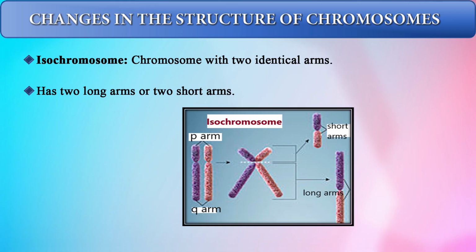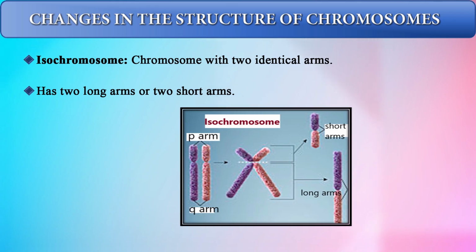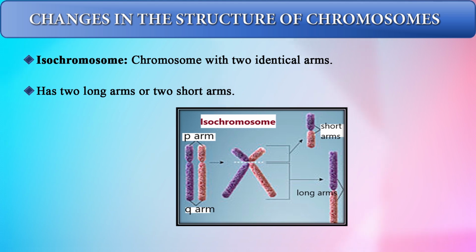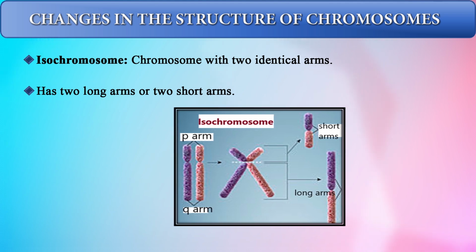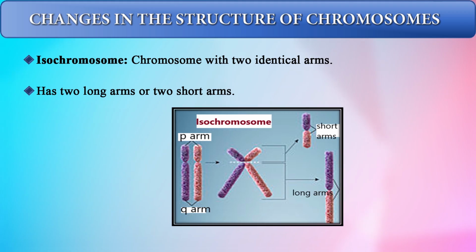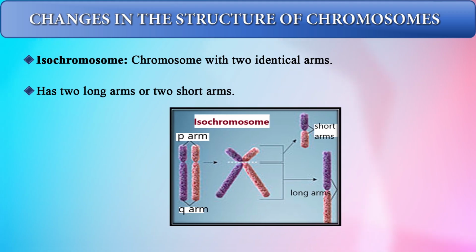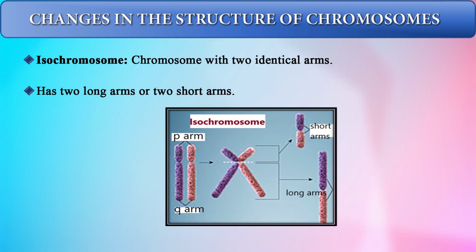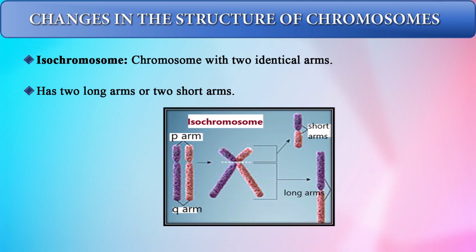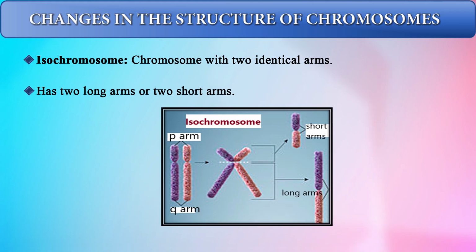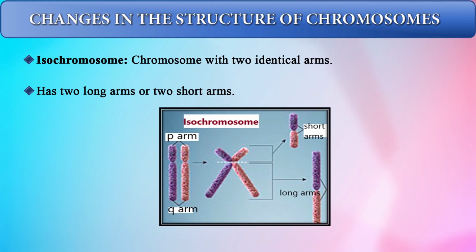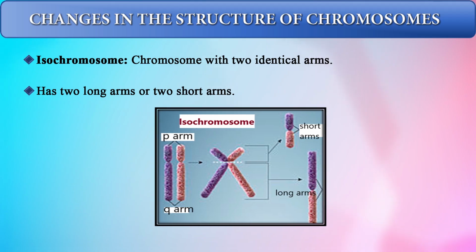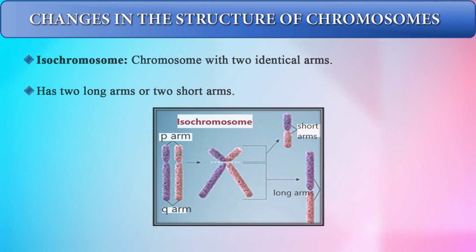It is occurring due to the effects of mutagenic agents from environmental factors, because mutations are occurring at the DNA level, and that is why children are getting cleft palate and certain other abnormalities. So, coming back to the isochromosome, here you see that the chromosomes could have either two short arms or two long arms. That is the isochromosome.